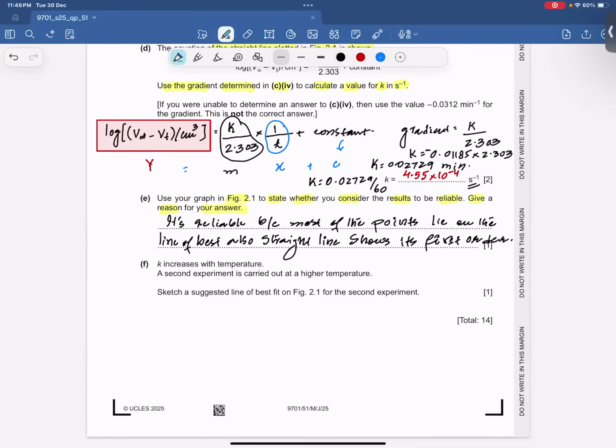Okay. But in the marking scheme, I think the examiner has it not reliable. And the reason for this, most of the points do not lie on the line of best fit.